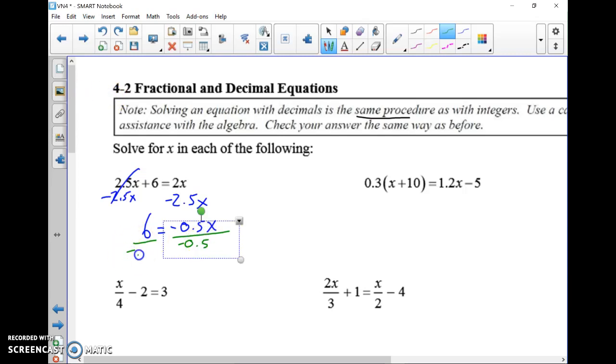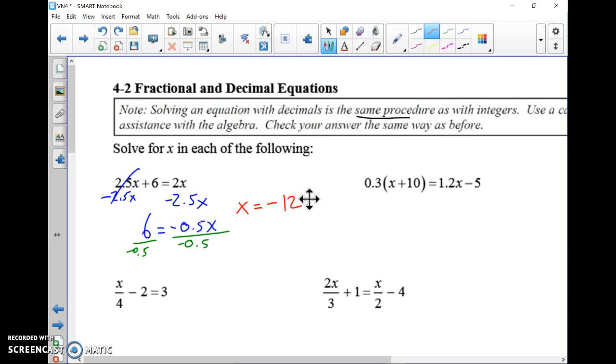So divide by negative 0.5 on both sides. And what do you get? Without going too far into why this happens, at this stage I'm going to recommend you just use your calculator. 6 divided by negative 0.5: first of all, positive divided by negative is going to be negative. And then 6 divided by half is 12.